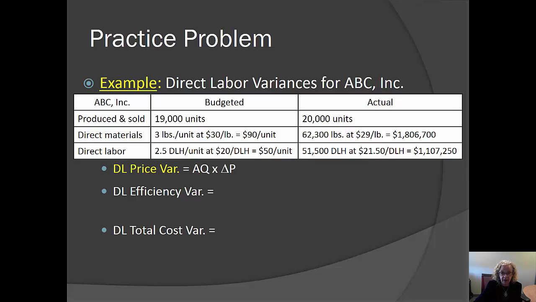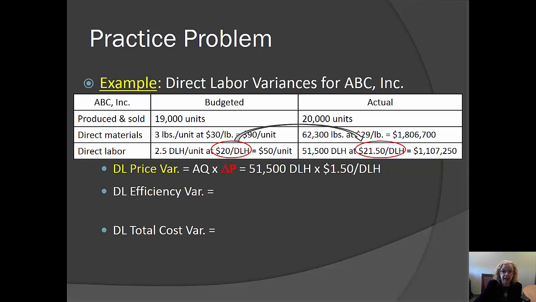The formula for price variance is the actual amount of labor that we used times the difference in price between what we expected to pay and what we actually paid. Here we're given the actual quantity for labor, and we're also given the standard and actual price per labor hour.